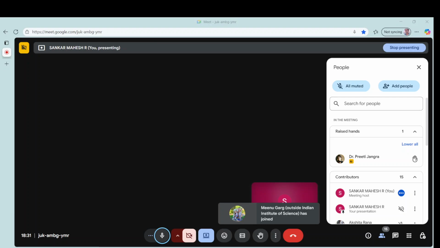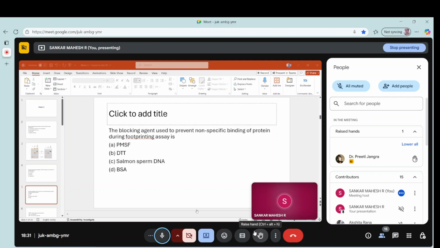The next question is: the blocking agent used to prevent non-specific binding of protein during footprinting assay is option A PMSF, option B DTT, C salmon sperm DNA, option D BSA. For this particular question, I would want all the wrong options to be eliminated.